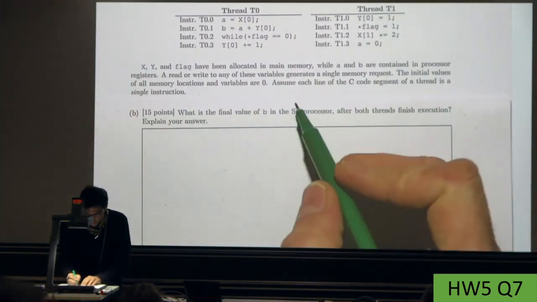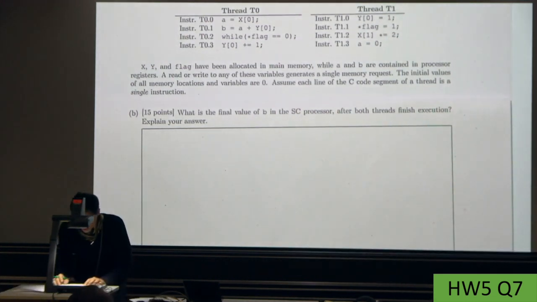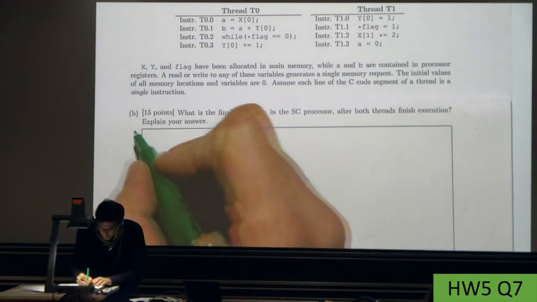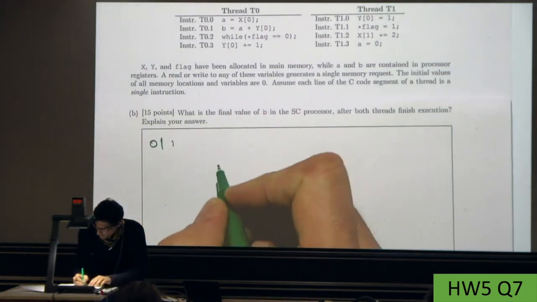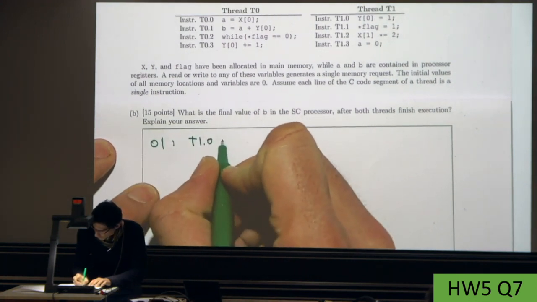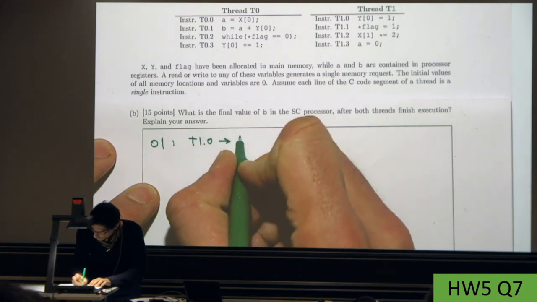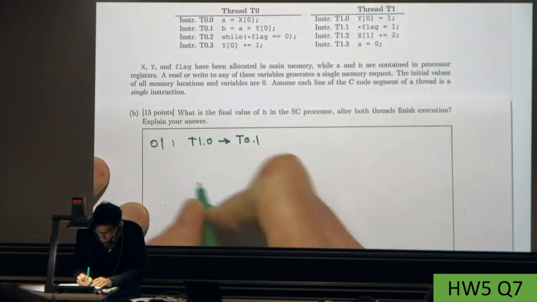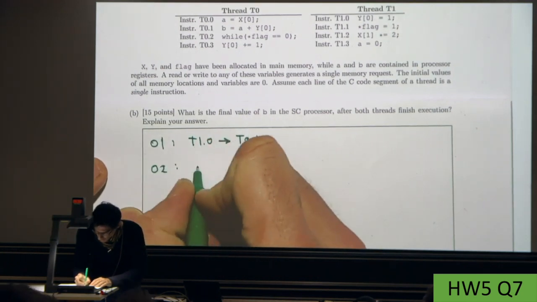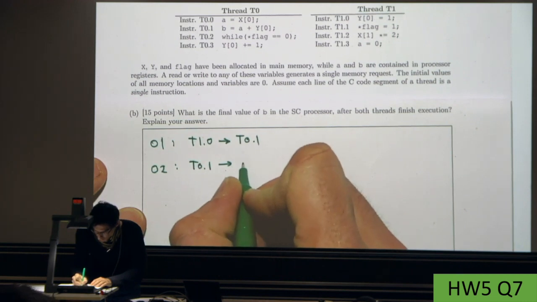So for B, what we see is that there are two possible orderings in the execution here. The first ordering, let's call it O1, happens if T10 is executed before T01, and the second possible ordering happens if it is the other way around, right?